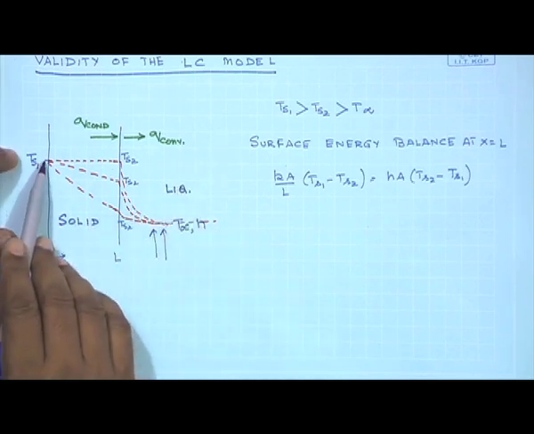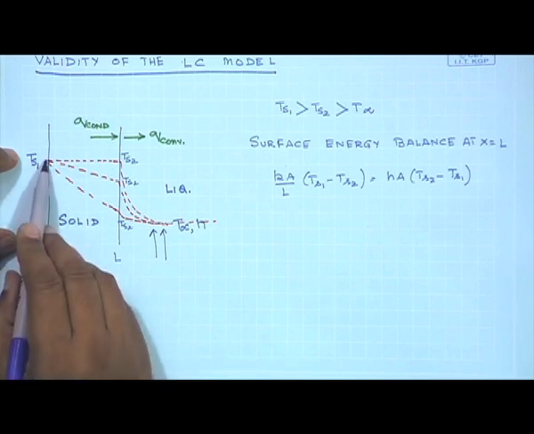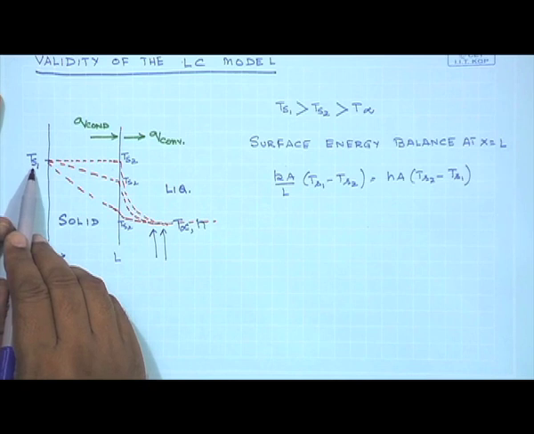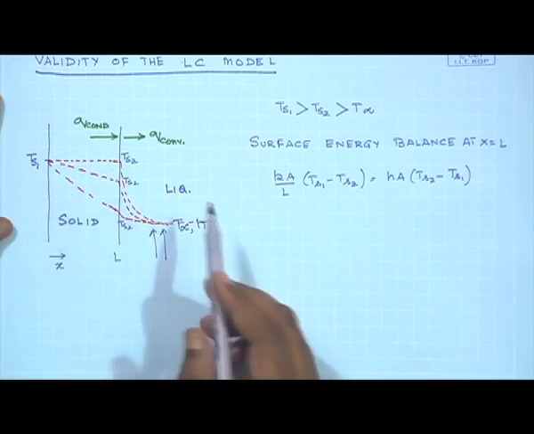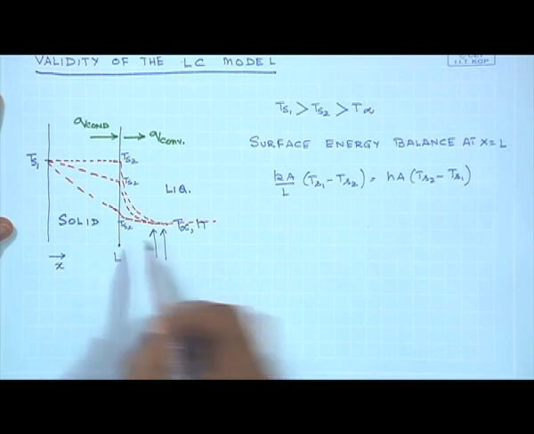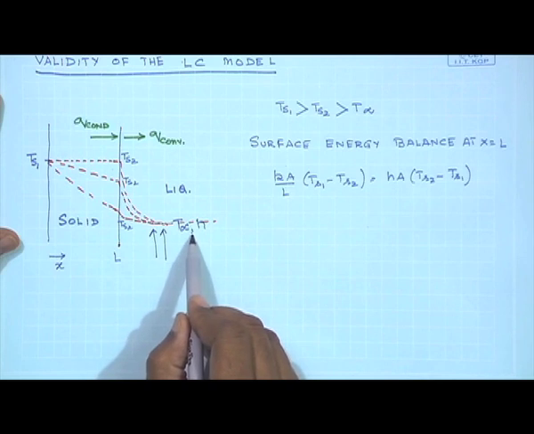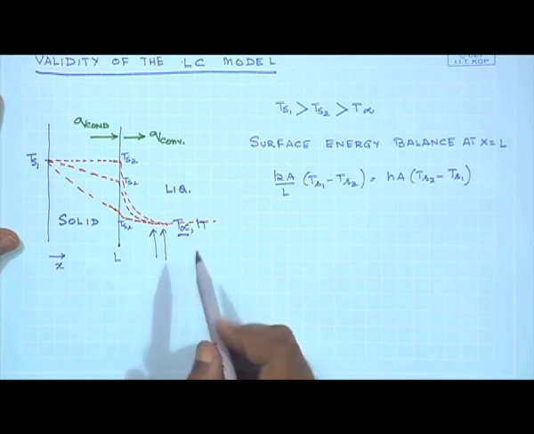The temperature of the solid at x equal to 0 is arbitrarily denoted by Ts1, whereas the temperature at the other end of the solid which is in contact with the liquid is Ts2, and the temperature of the liquid far from the solid wall is T infinity.